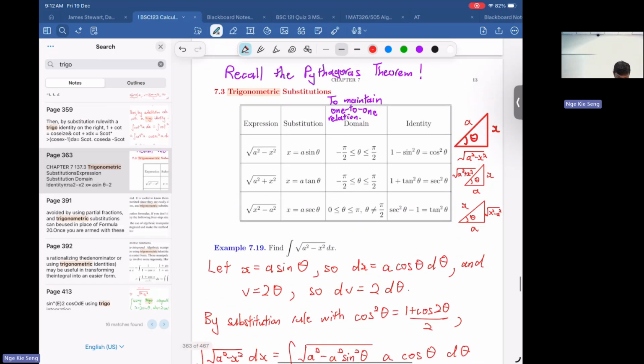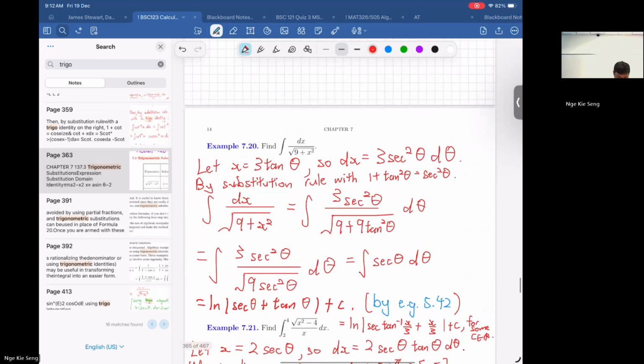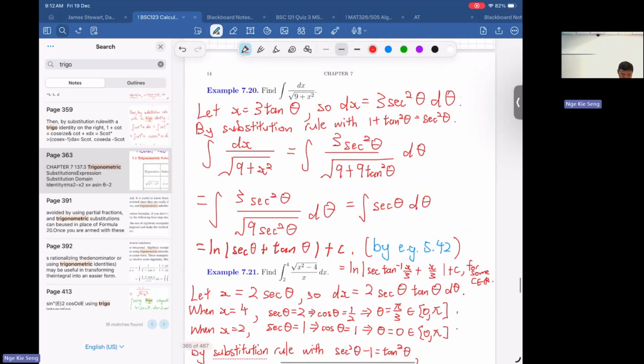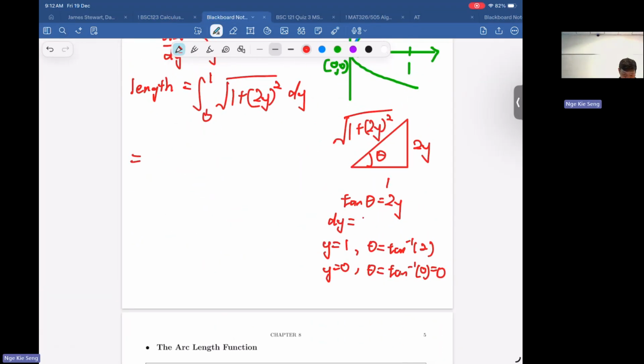Oh, it's not written here. Do we compute it out? Secant squared theta. Yeah, two times. Okay, is it correct? Differentiate tangent theta.